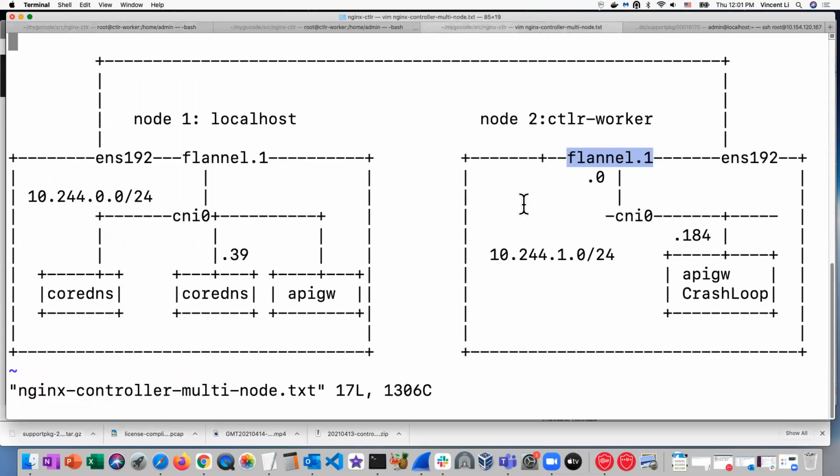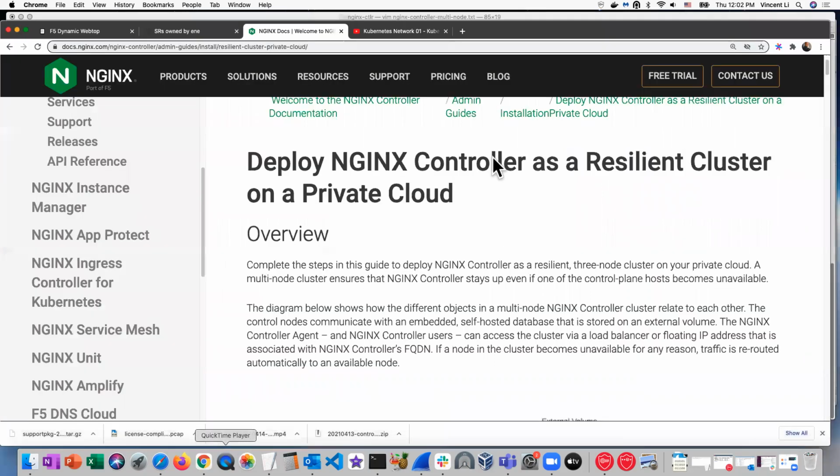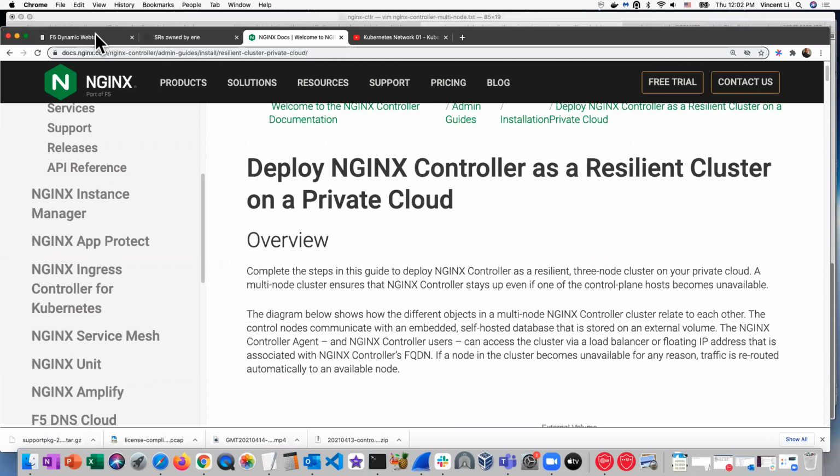So again, this is a simple diagram for VXLAN tunnel communication between the pods in the Kubernetes cluster. And yeah, I have a more in-depth analysis for the VXLAN.